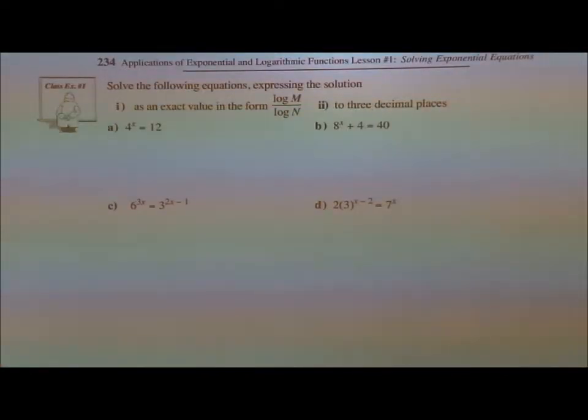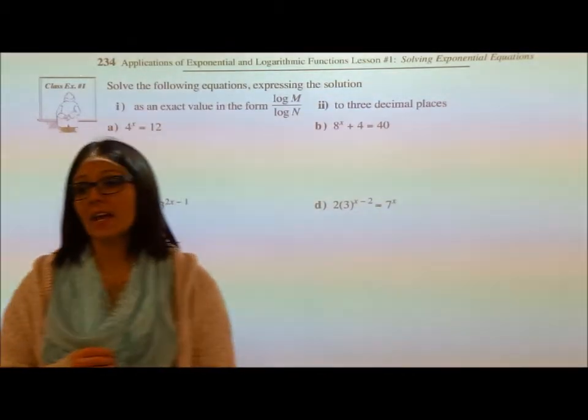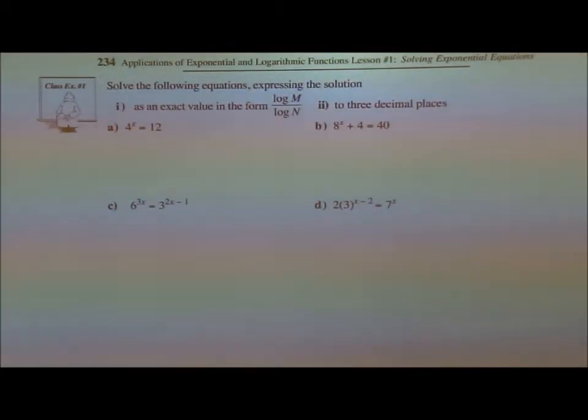So class example number 1, we look at solving the following equations, expressing the solution as an exact value and to 3 decimal places. So if I look at A, I have 4 to the power of x equals 12. Always ask yourself, can you use a common base? So can I express 12 as 4 to the power of something?